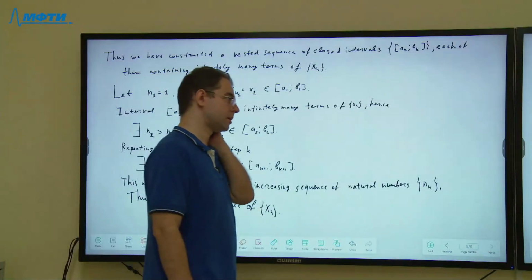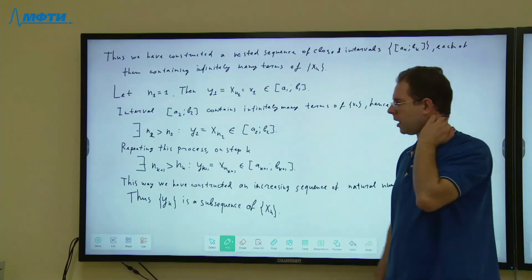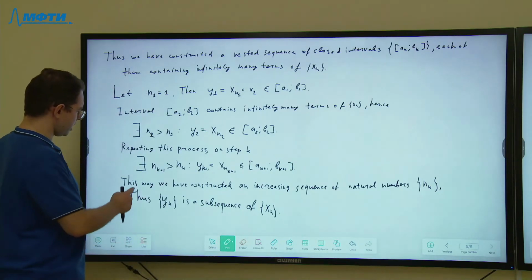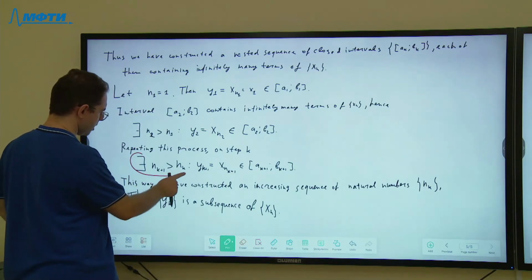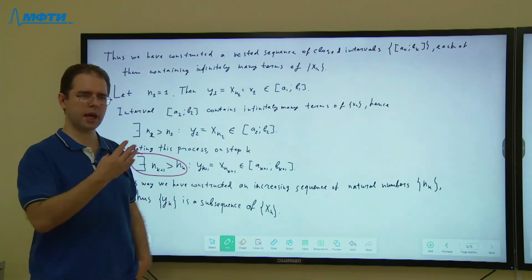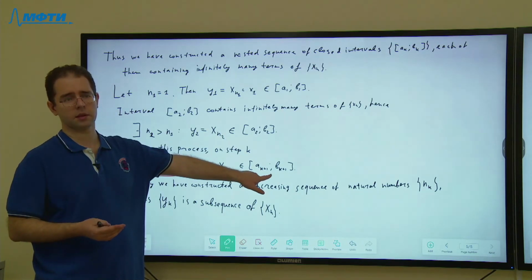I will not make a test out of it, but just for yourself, think: why do I have to specify that on each step this part is important? Why couldn't I just take any term from this interval?